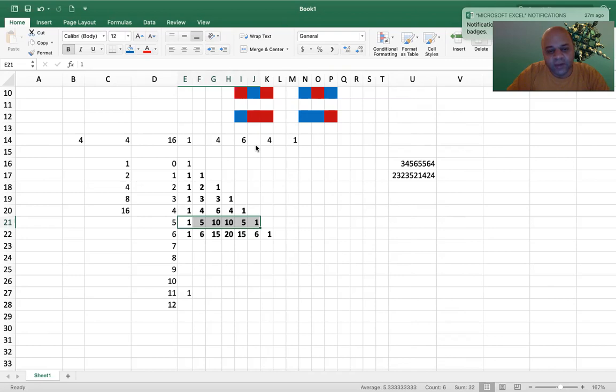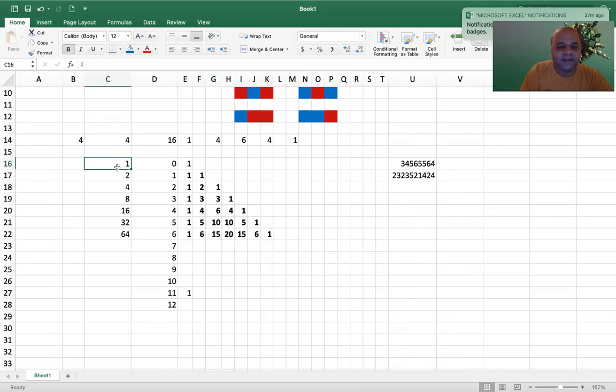It will come to 32. 10 plus 10 is 20, plus 5 plus 5 is again 10, 30, plus 1 plus 1, so it is 32. And then this will be 64. 1, 6, 15, so 20 plus 15 plus 15 is 50, 6 plus 6 is 12, 62 plus 2, 64, right?